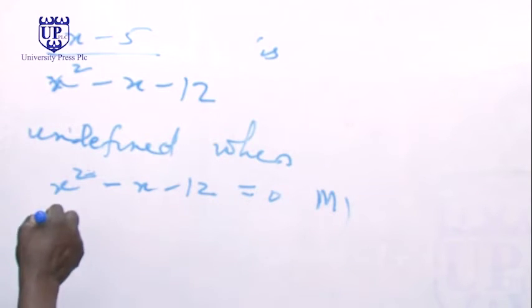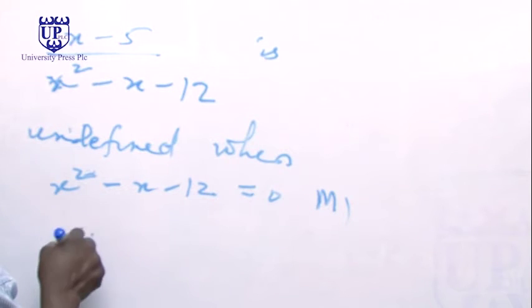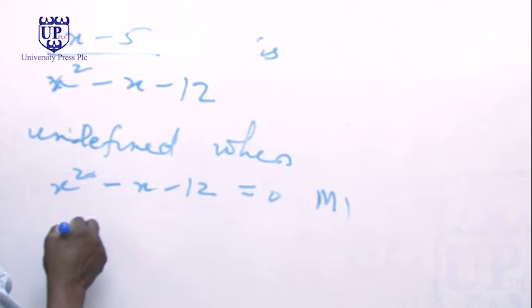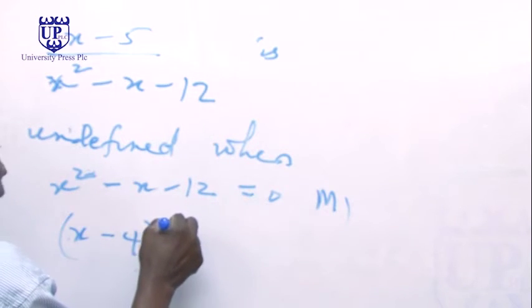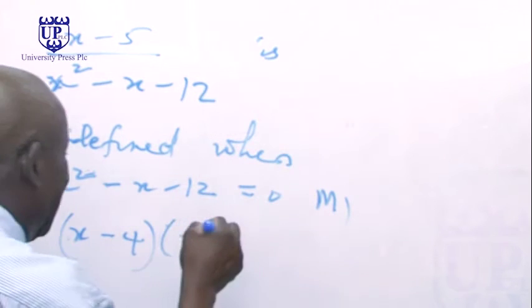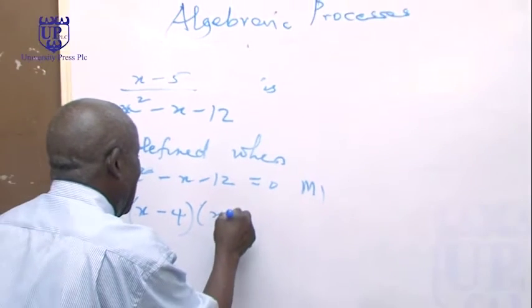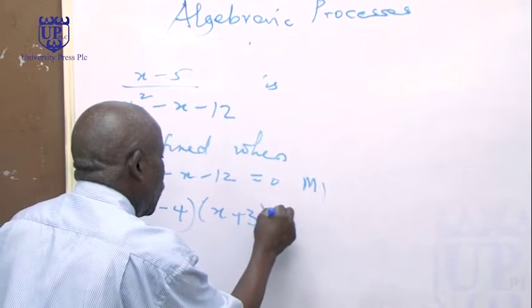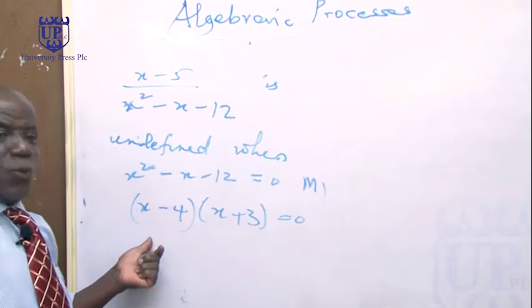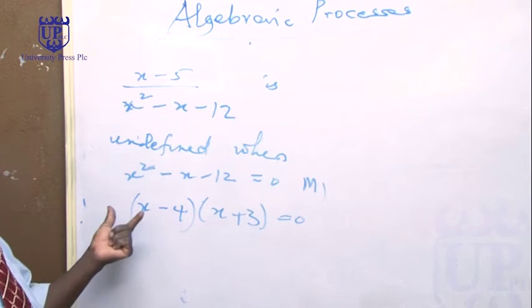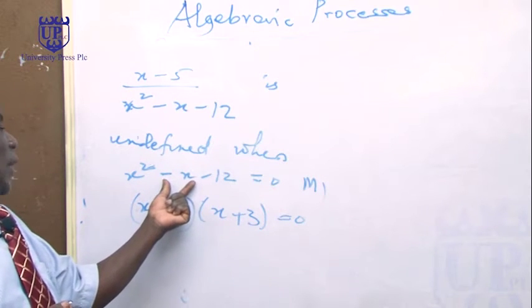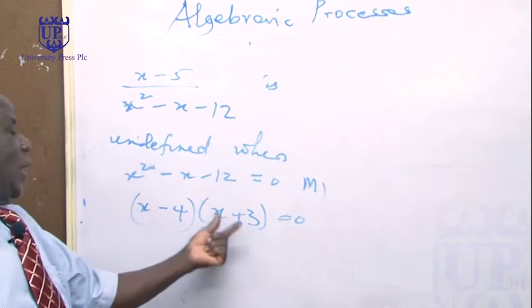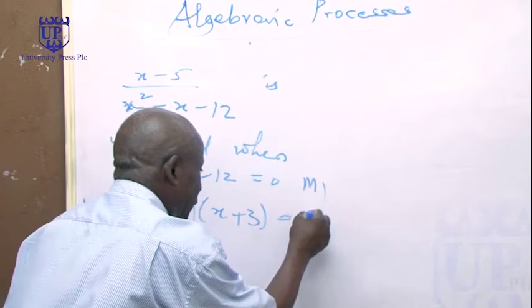Factorize: x minus 4, x plus 3 equals 0. You are factorizing. For knowing that this one has rational factors, x minus 4, x plus 3, they say B1.